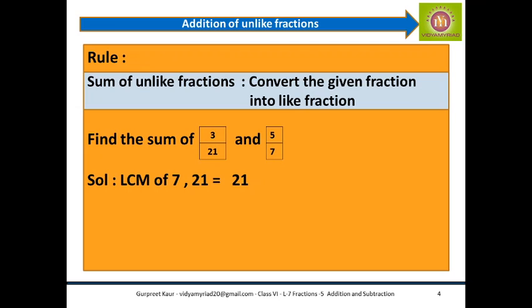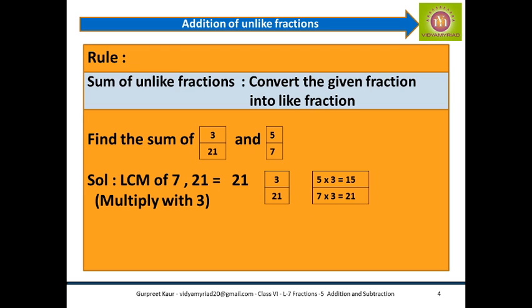So in one case I have 21, in another I have 7. So I will try to make that as 21. How will I do? I need to multiply both the sides, numerator and denominator, by 3 for 5 upon 7, and I will get 15 upon 21 as my answer.